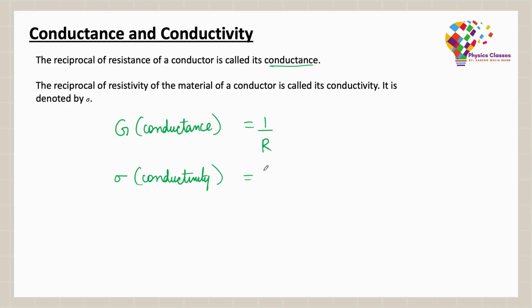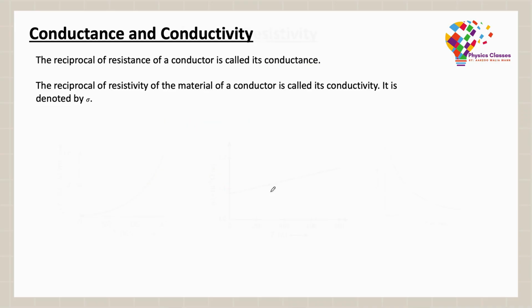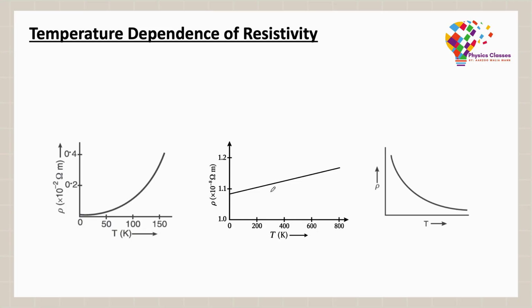So conductance is 1 by R, conductivity is 1 by rho. These are just basic definitions, and this formula is all that you need, no more details required. Now let's go on to the main part, which is the temperature dependence of resistivity.